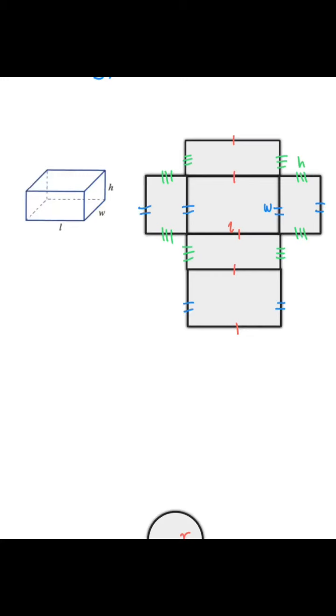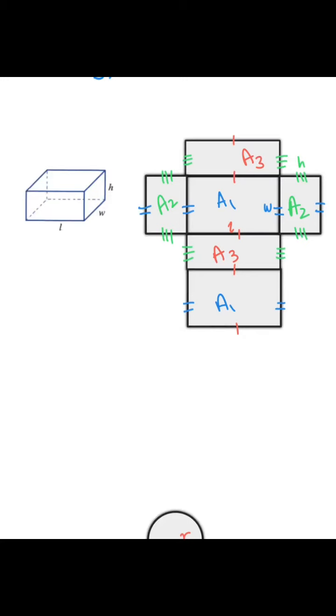So over here I have area 1, and I have 2 area 1s that are the same. I have 2 area 2s that are the same, and I have 2 area 3s that are the same.